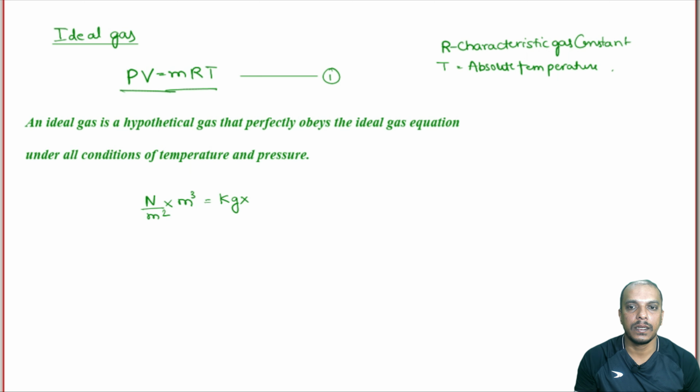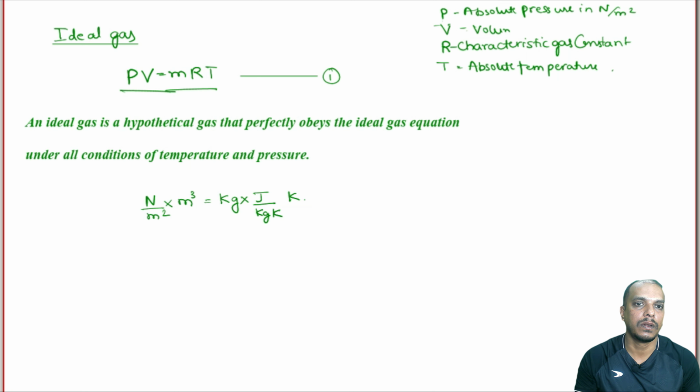Pressure is absolute pressure in Newton per meter square, V is volume in meter cube, and M is mass in kg.